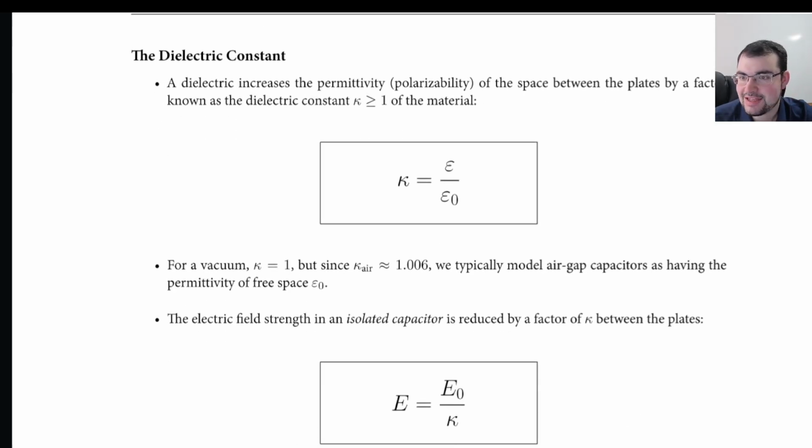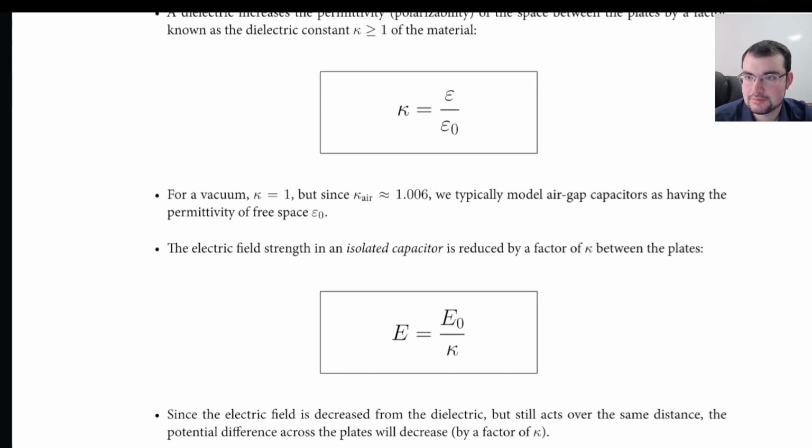So we define this constant kappa as the factor by which you shrink the E field by inserting a dielectric material in an isolated capacitor. So if you put a material between the plates and the field strength is halved, kappa would be 2. We've ignored this up to this point because the kappa value for air is 1.006, so that's basically 1.